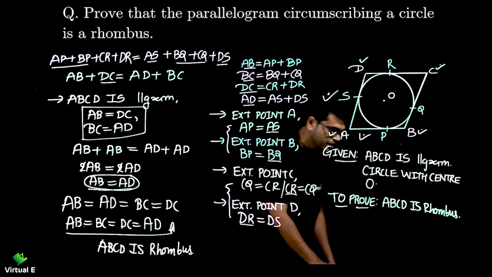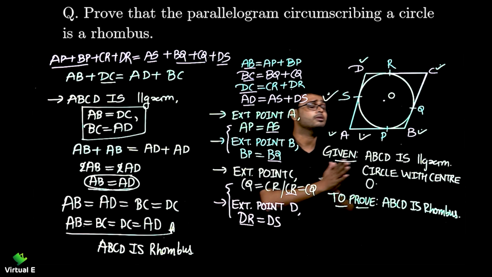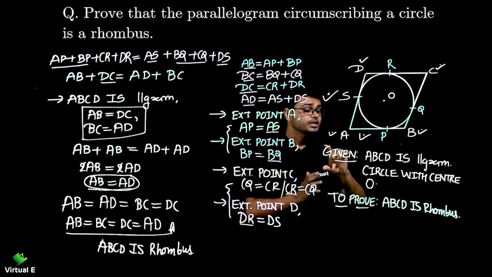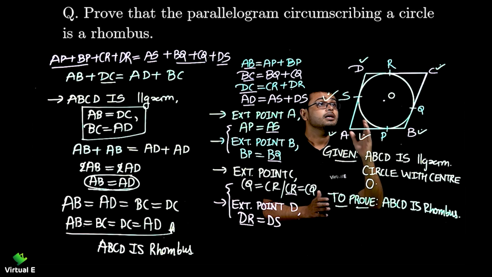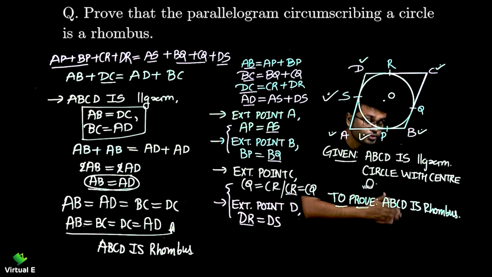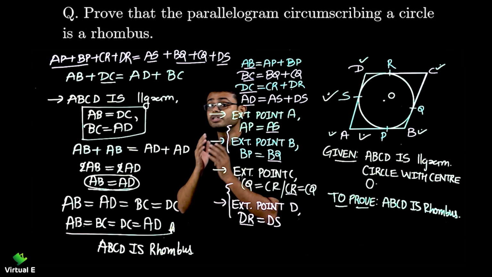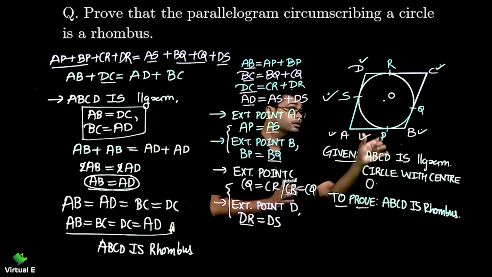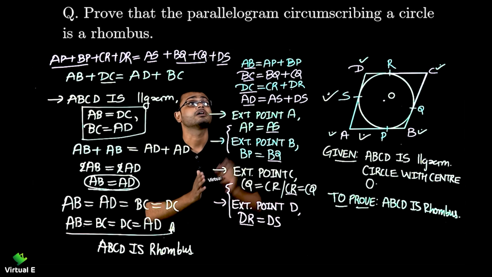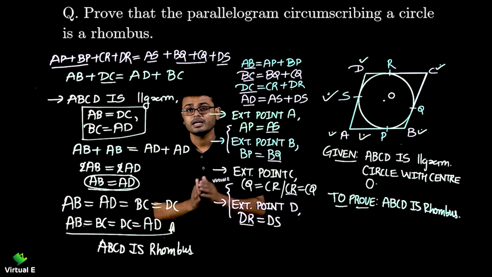So we need to draw this figure. Remember, you can start with the parallelogram and circle, right? What are the given conditions? Circle and the parallelogram. What we need to prove? That this parallelogram is the rhombus. Again, you can start with all the 4 sides, AB, BC, CD and AD, in terms of the other sides.